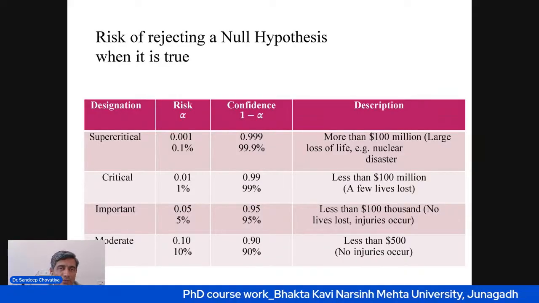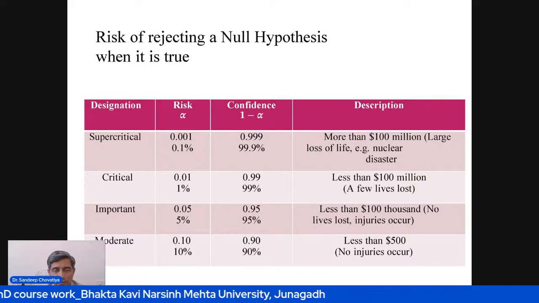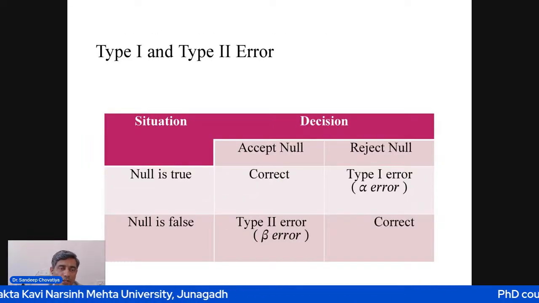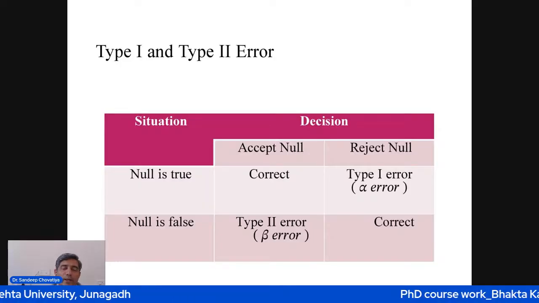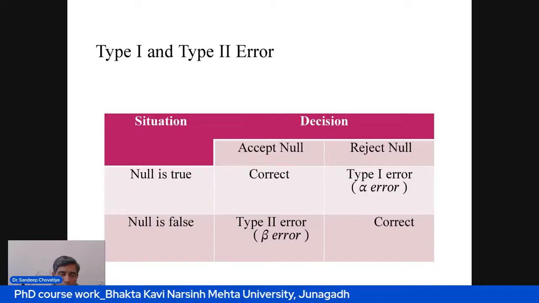So likewise we design the null hypothesis, or type 1 and type 2 errors are there. So now you may have a better idea about that. If the null hypothesis is correct and we accept it, fine, but when we reject the null hypothesis at a particular level, then we commit the type 1 error.